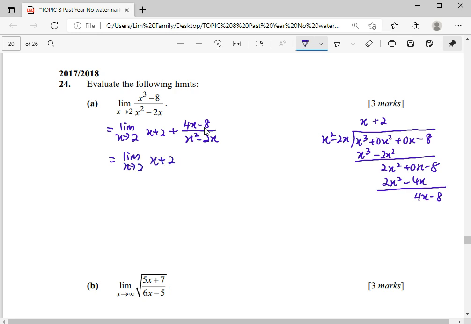For the numerator, we can factorize out the 4, and we get a factor x minus 2. For the denominator, we can factorize out x, and also we get x minus 2. So we managed to simplify our function.